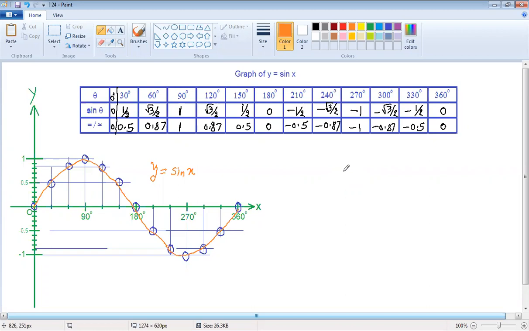Either they move left, then come back, then move right, then go back, or they can move up, come back, go down, then come back. You understand how leaves vibrate, they oscillate or tremble. That kind of motion is called oscillatory motion. And simple harmonic motion is a specific kind of this motion, in which the displacement of the point or the object is given by sine x. Okay.